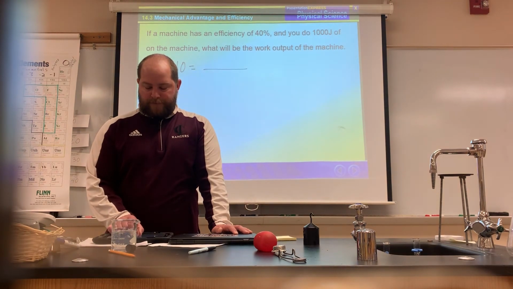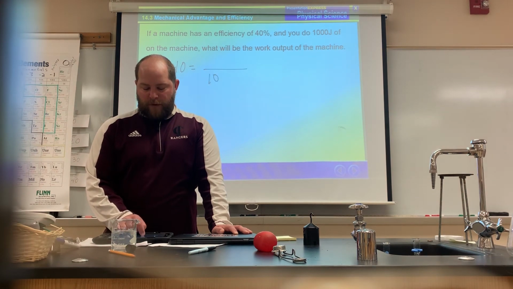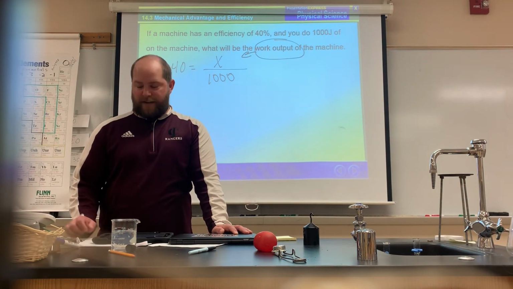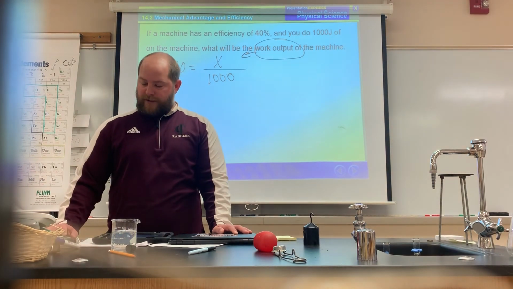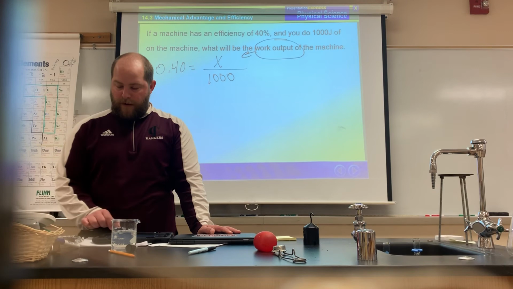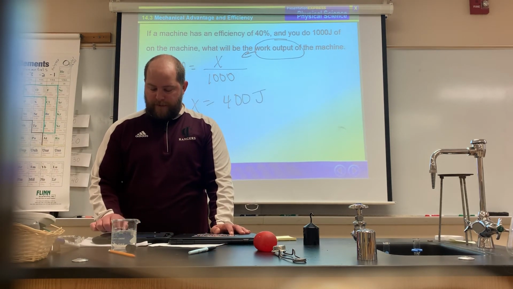The input is going to go on the bottom. We're doing 1,000 joules there, and what we're trying to find is the work output, so that's going to be our X. So then it's actually not too bad. You just take 1,000 times 0.4, so X equals 400 joules.